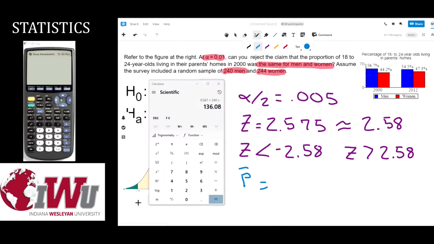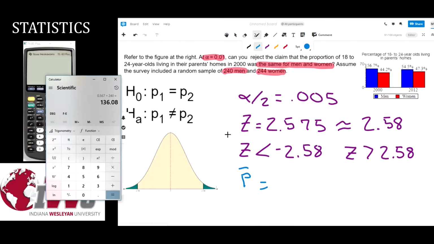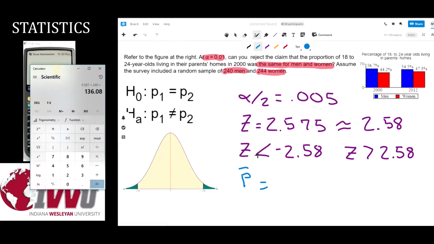Well, I actually just did that. So it was the 0.567 times the 240. All right, so that's going to be the 136. And now the other part here is going to be the 0.442 times the 244. That comes from here, and that's about 108.